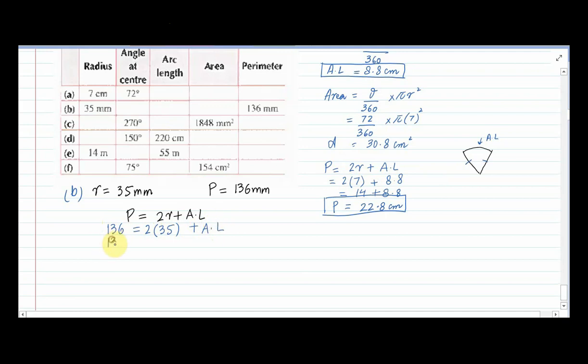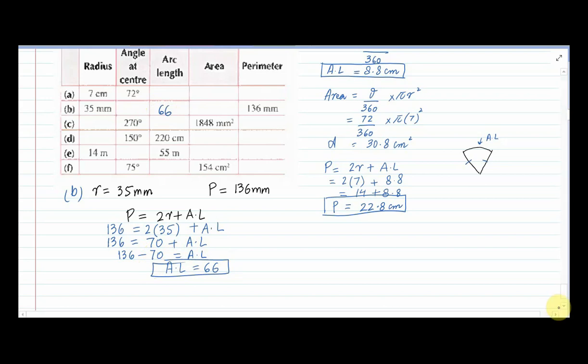Now 2 times 35 is 70 plus arc length. So 136 minus 70 is equal to arc length, and if you subtract 136 minus 70, it's 66. So the value of arc length is 66. The first unknown, arc length, is 66.